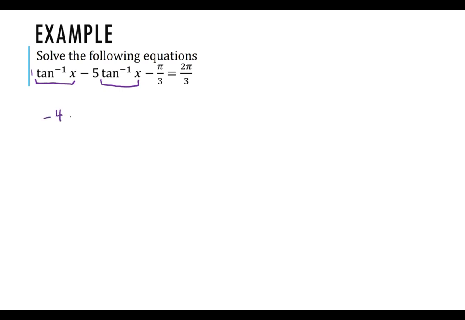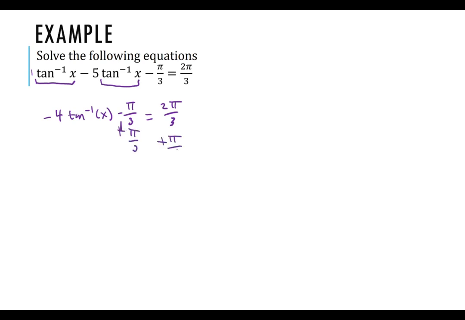And so that's going to be negative 4 tangent inverse of x minus pi thirds is equal to 2 pi thirds. Alright, that's all fine. But at this point, then we just need to isolate our tangent inverse of x. So, let's add pi thirds.